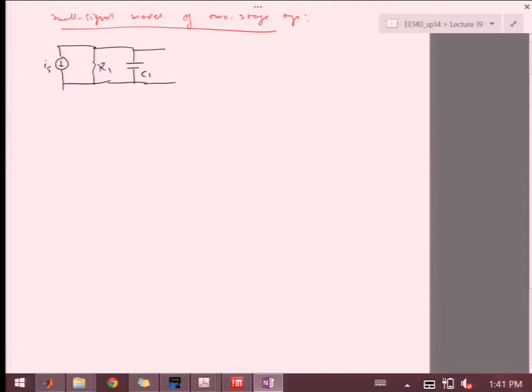And then you have this CC, or let's call it just C, which is the bridge capacitor. And then we have a controlled source. We're going to call it GMV1, with V1 being this voltage over here.